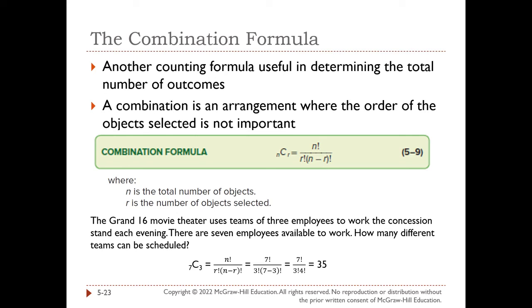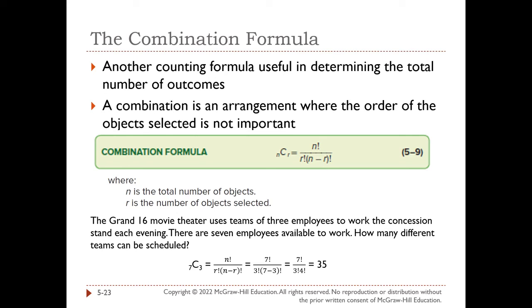So, the Grand 16 movie theater used teams of 3 employees to work the concession stand each evening. There are 7 employees available to work. How many different teams can be selected? Okay.